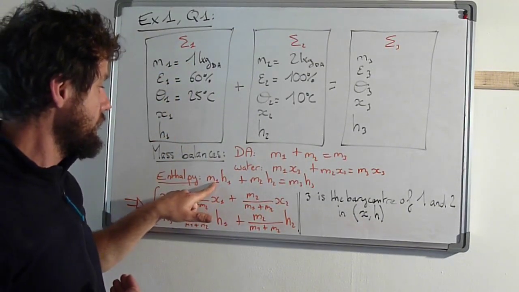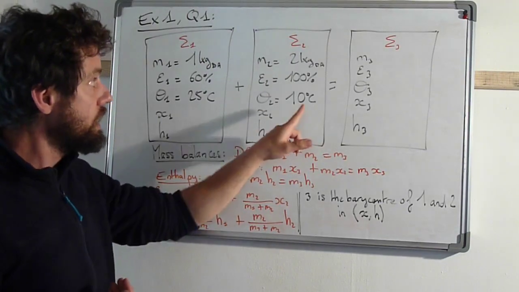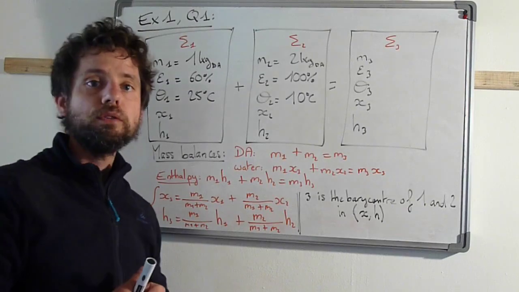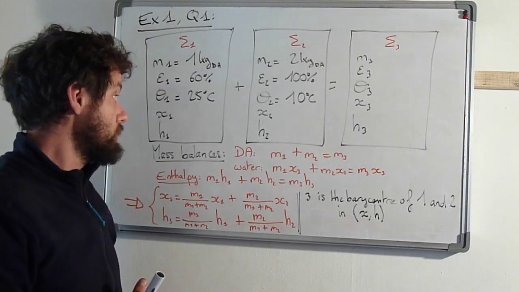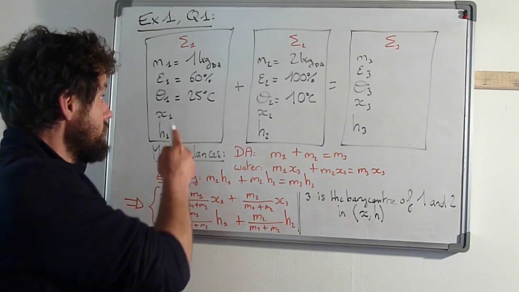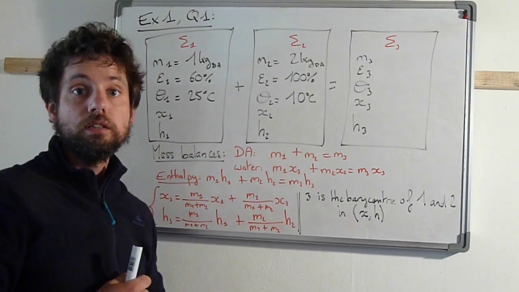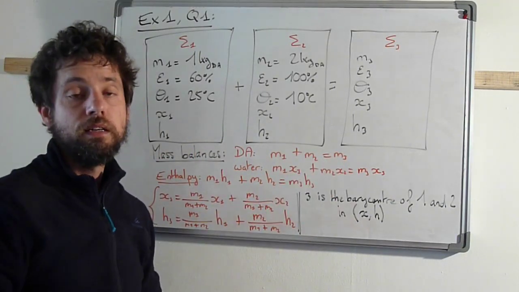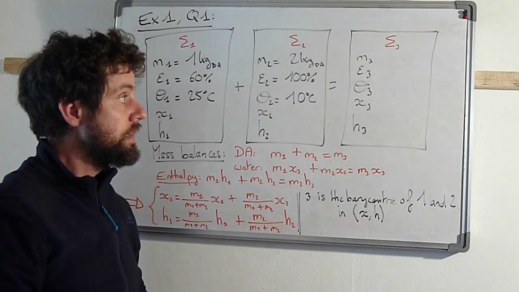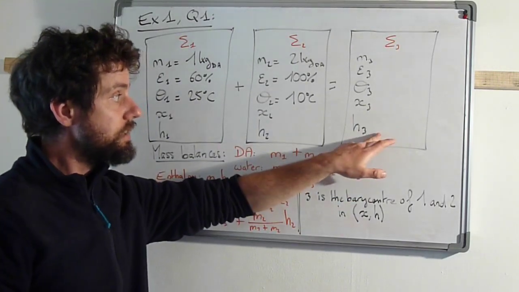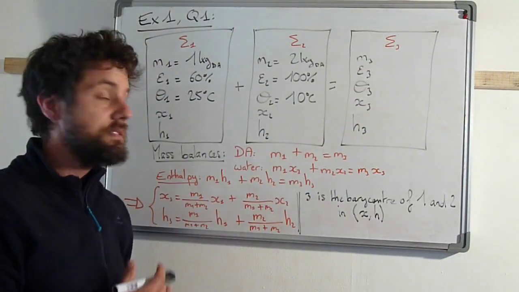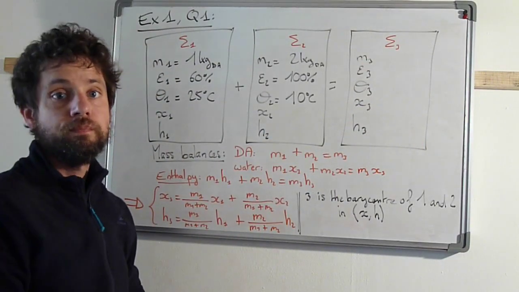So we have M1 H1 plus M2 H2 is equal to M3 H3. Now if we just read X and H on the diagram, we can easily calculate X3 and H3 in order to properly define the state of the mixture.